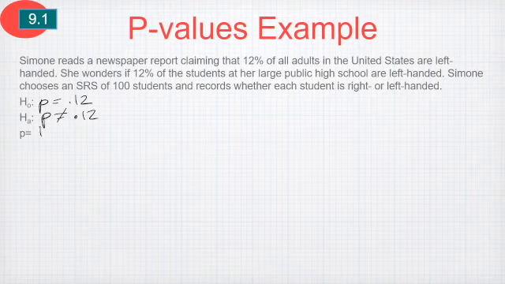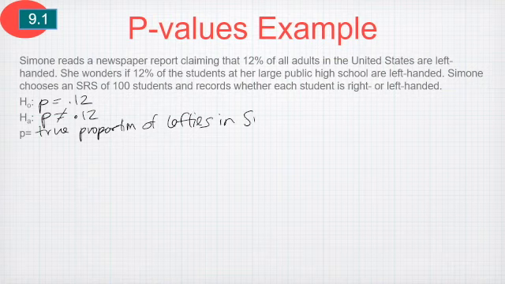And p is going to represent my true proportion of left-handed people in Simone's school.